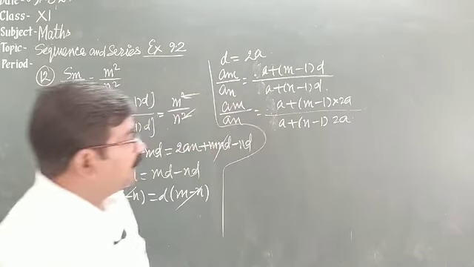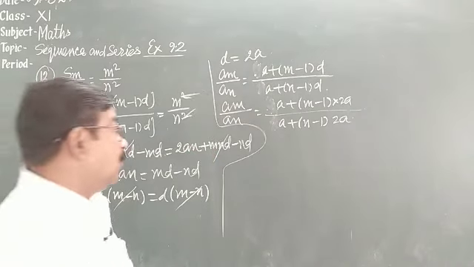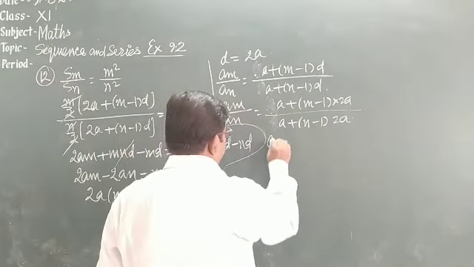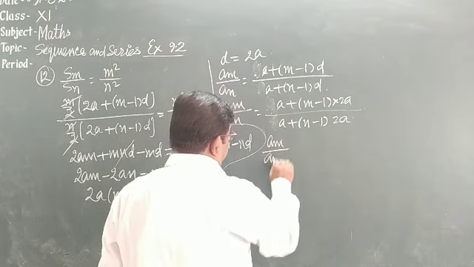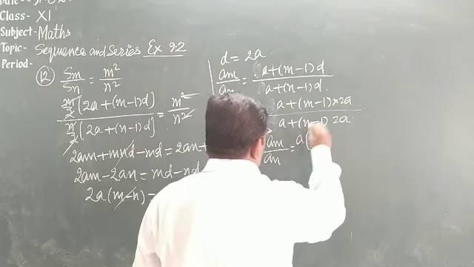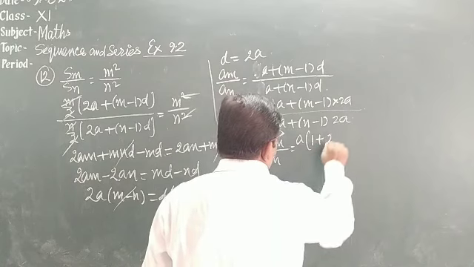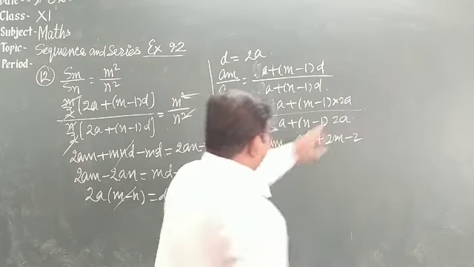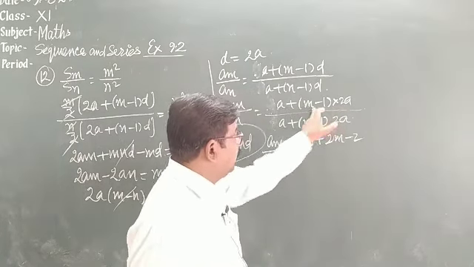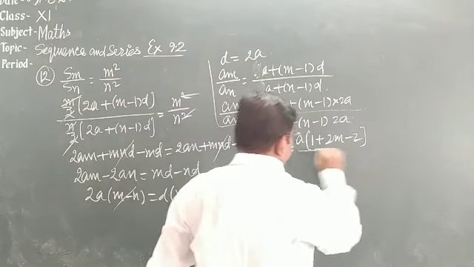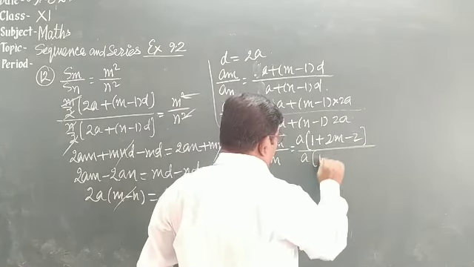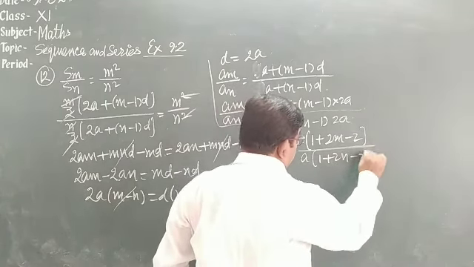So see, in numerator and denominator we have a common. am upon an, a is common, so what we have? 1 plus 2m minus 2 upon 1 plus 2n minus 2.